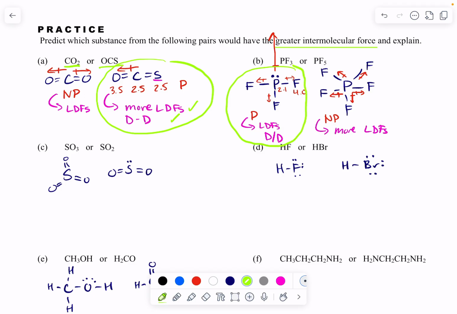However, is it possible that PF5, that its total LDFs could be greater than both the LDFs and the dipole-dipole of PF3? And the answer is yes. That could be the case. It's not that it's an exception, but it wouldn't be something that we would necessarily predict on our own. So I want you to just kind of think, if something has more total intermolecular forces, you should be predicting that it has greater intermolecular forces. That is generally going to be true. There are exceptions, but the exceptions are not super common.